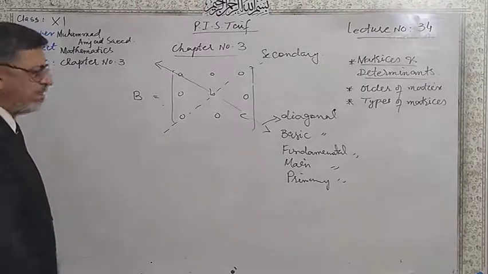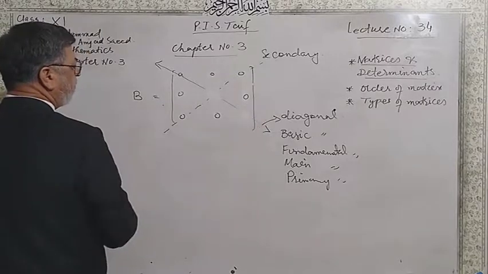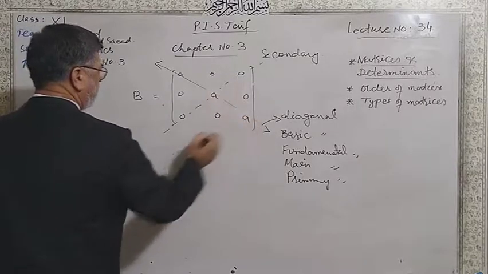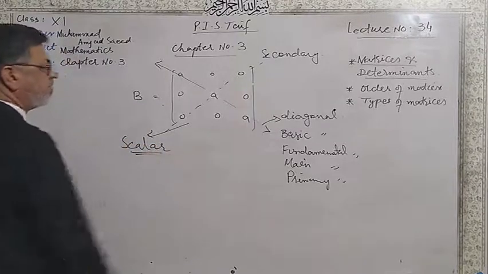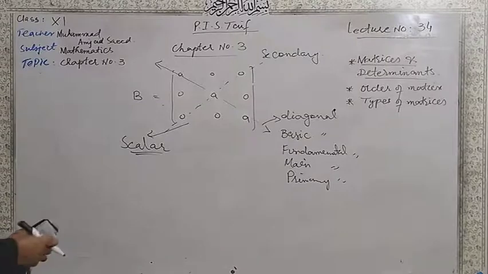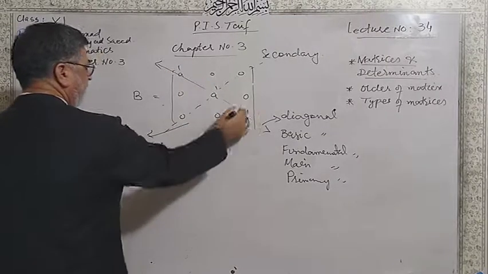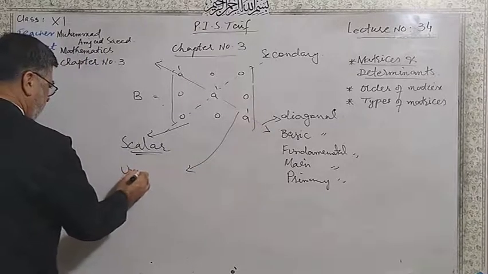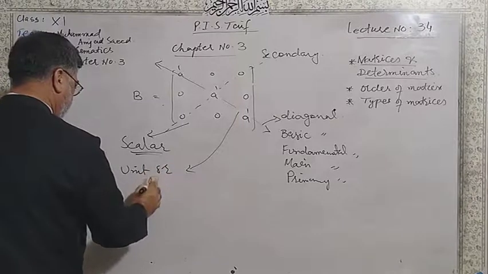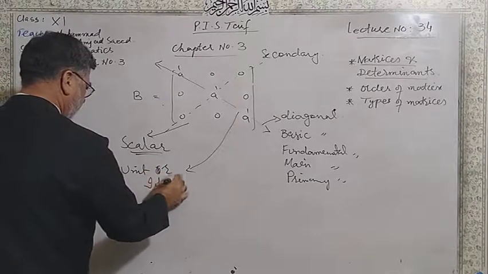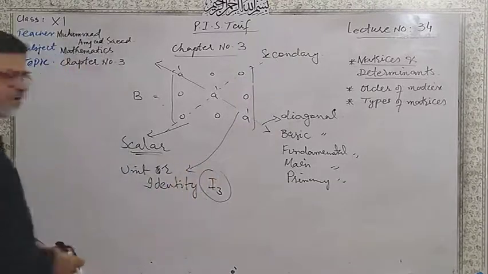Same matrix with the same members of diagonal, that becomes scalar matrix. If this is 1, 1 and 1, that becomes unit or identity matrix. Usually it is written as I3.